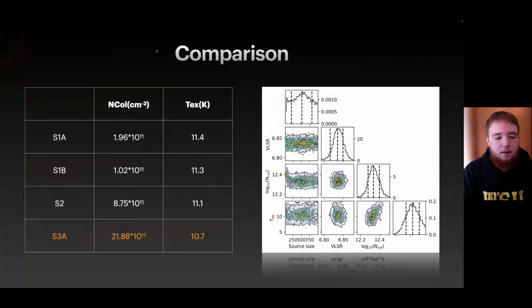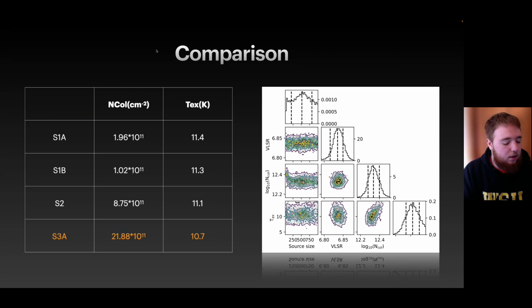Some final thoughts. Here on the left is some of the model's findings compared to findings published by the Arkham paper. In this NCOL column, the column density, this corresponds to how much of a molecule appears in each of these areas. And as we can see, benzonitrile appears more frequently in Serpens 3A than any of the previous 3 sources.